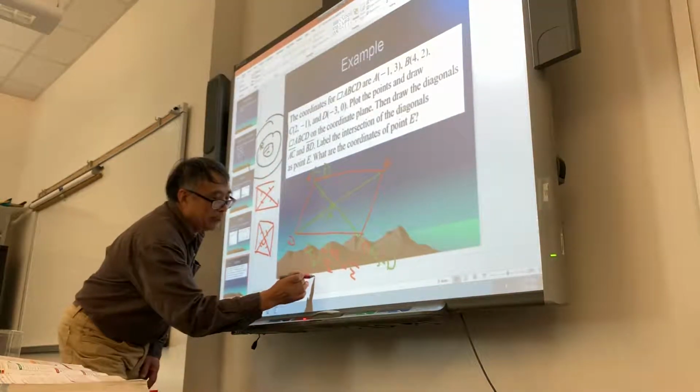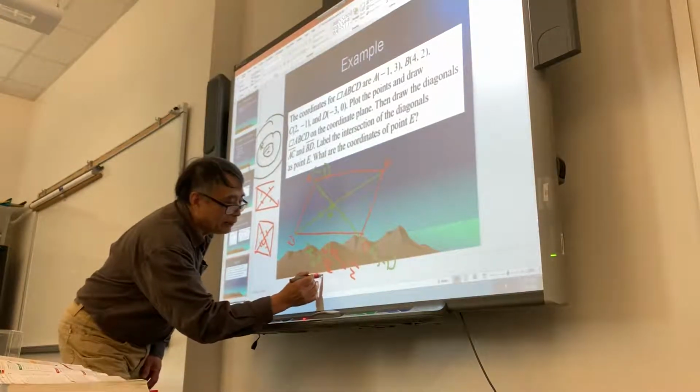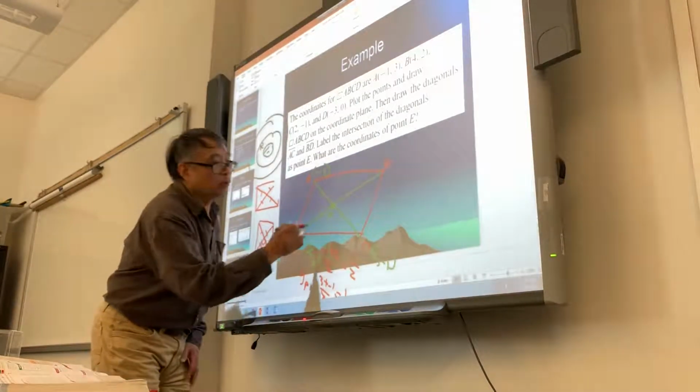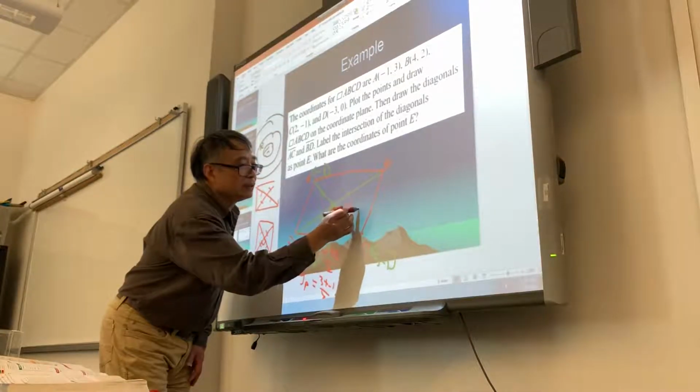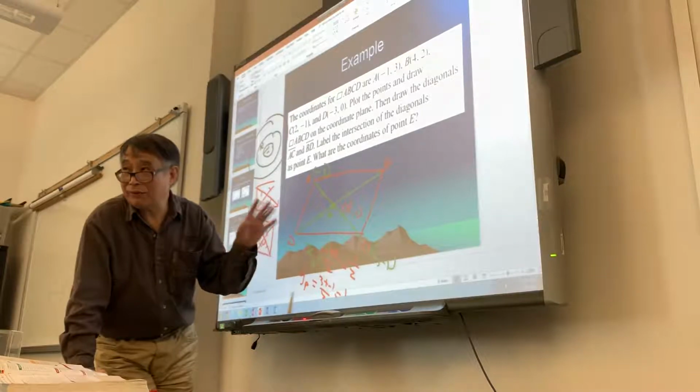The Y coordinate of point P is positive 3 plus negative 1 over 2, you get 1. So this point should be 1/2, 1. Do you understand, please? The midpoint formula you have to remember.